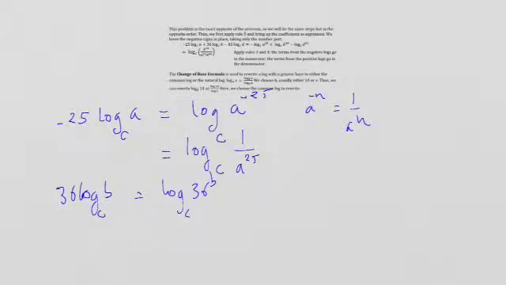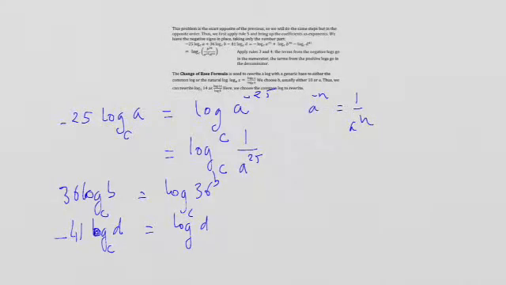And if I take the last one, minus 41 log base c of d, it is equal to log base c of d to the negative 41, and using this rule of exponent right there, I'm going to have log base c of 1 over d to the 41.